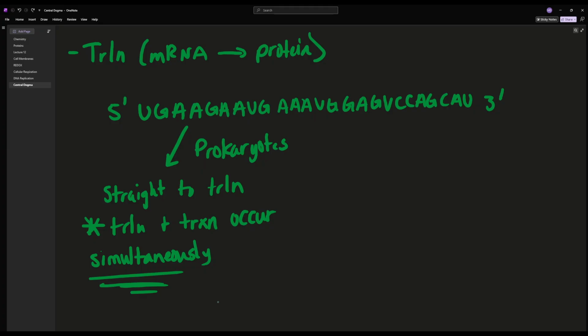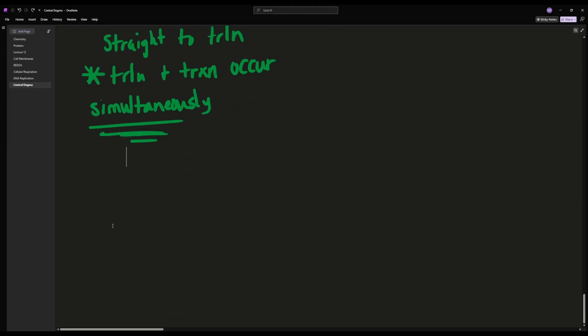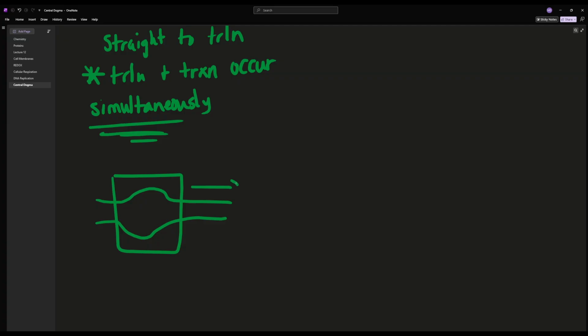And so what's going to happen is that there's nothing stopping those ribosomes from immediately grabbing on to the mRNA and starting to translate. So if we were to sort of draw this out, here's our RNA polymerase. Maybe here is our mRNA strand.